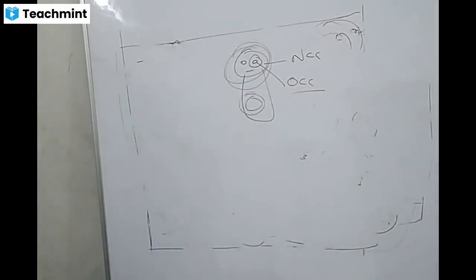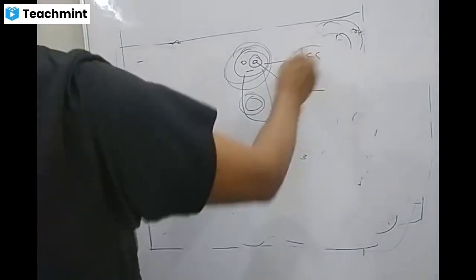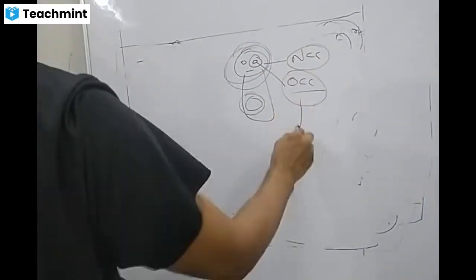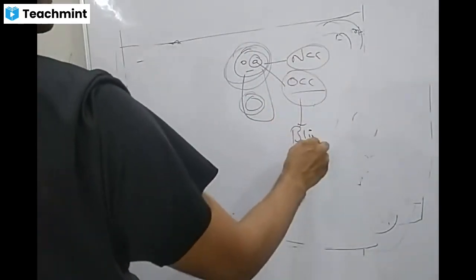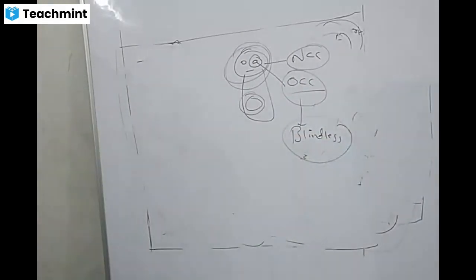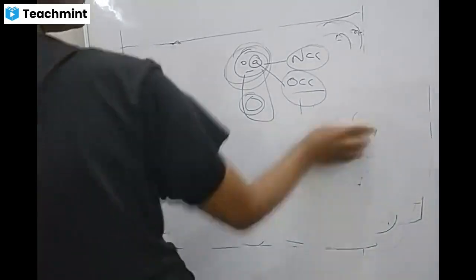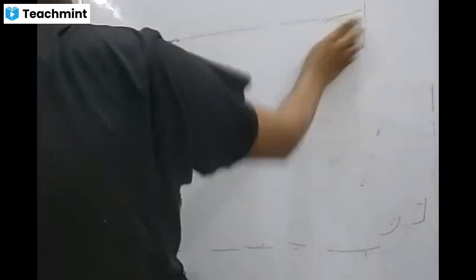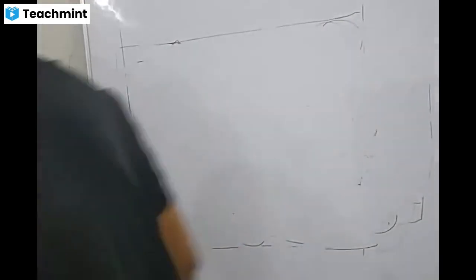So that may lead to death of the human being. Ocular may lead to blindness. So this was the MCQ. The neurocysticercosis is related with which Taenia? That is solium.